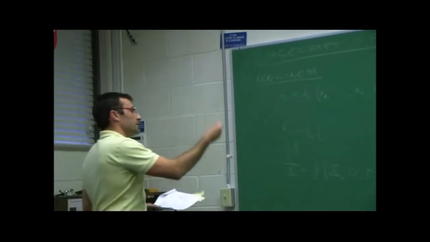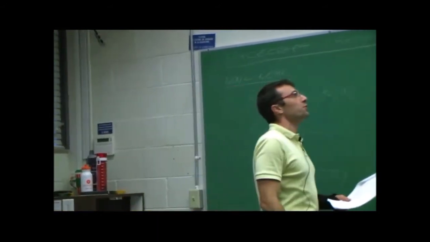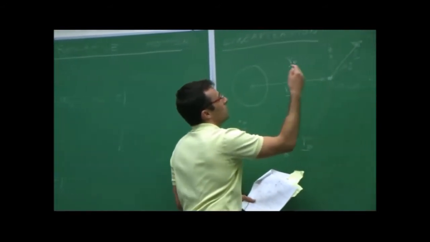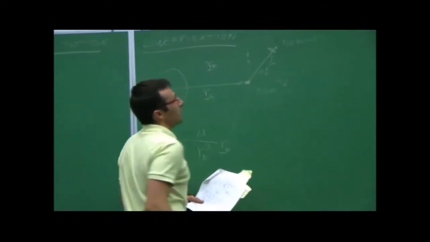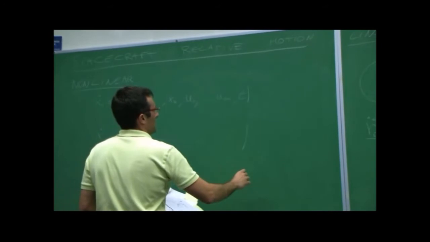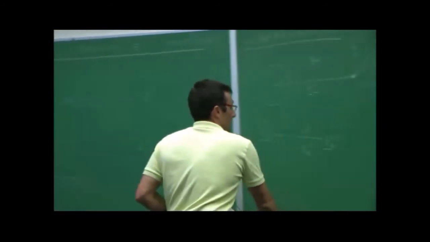Okay? So when we have a nonlinear system, we usually tend to linearize if we have a reason for that, if we have a point with respect to which we want to, that we don't want to leave, we don't want to go too far away from that point. So in this case, you would linearize about a condition that we can call x0, u0, for example. That point of linearization. So let's do this formally.